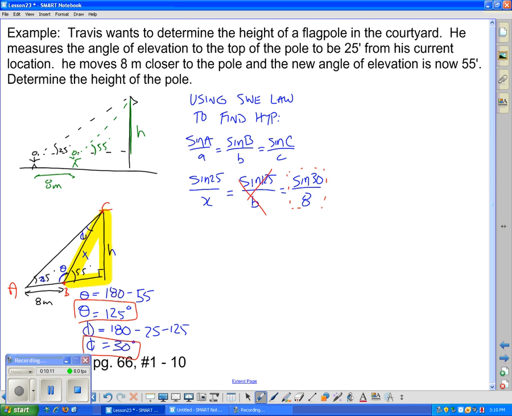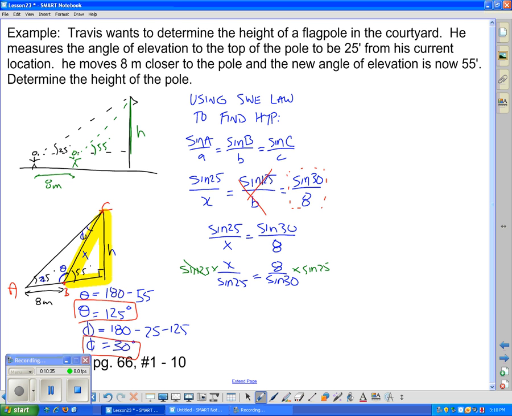I don't care what b is, so it simplifies our equation down to just the information we want. And I'm going to flip both fractions to get the unknown on top, just for ease of solving. Make sure, again, you flip both sides. Very important. I'm going to multiply both sides by sine 25. Inverse operation, right?